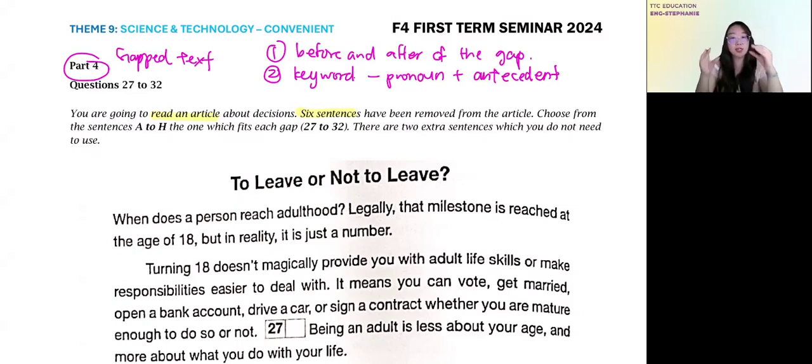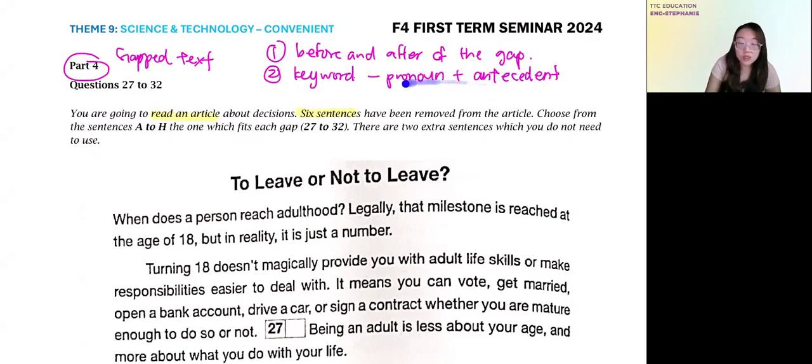So most of the time, because it's an article and the flow of it will be very similar to PEE, they will give the point first, then they will elaborate a bit, then eventually it comes to a summary. Then only they leave and move on to the next paragraph. Okay, so there will be relation from one sentence flowing to another one. And what are the relations? The pronoun and antecedent.